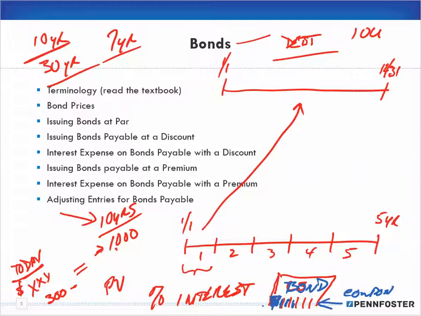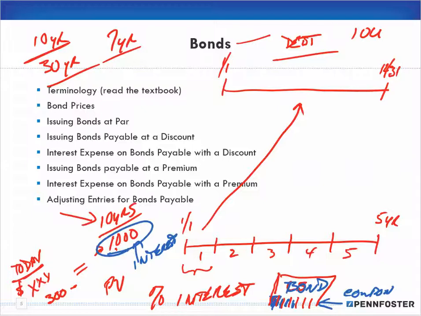Now, you don't have to do that. You can let that interest just sit there. And when you get to the end of your 10 years, you'll get your $1,000, which is the stated value of the bond itself, and you'll also get all of the interest that was earned during that period of time. But if you decide to use those coupons beforehand, obviously you're getting the interest as it becomes due and matures.